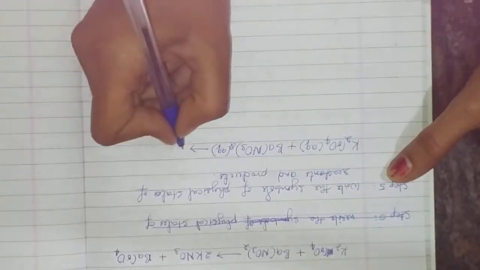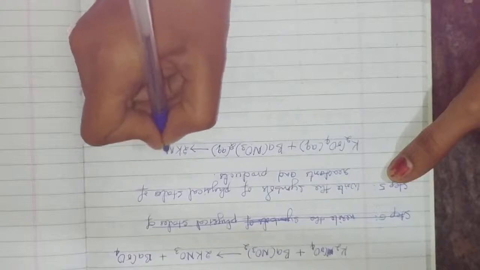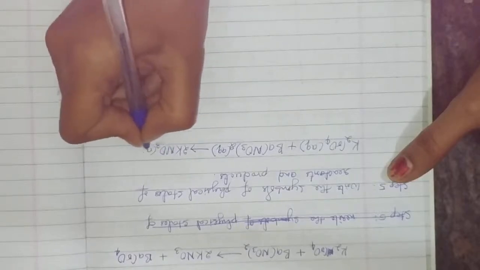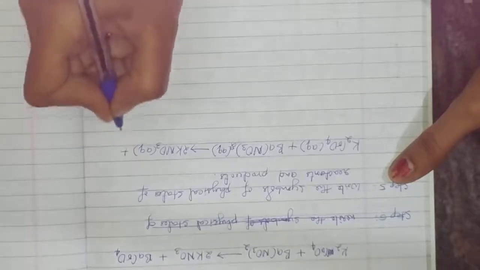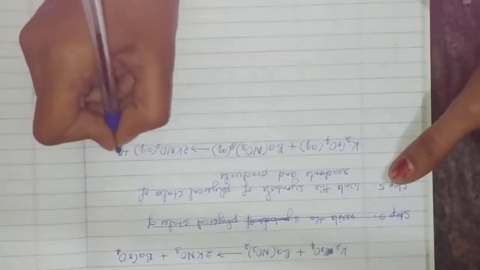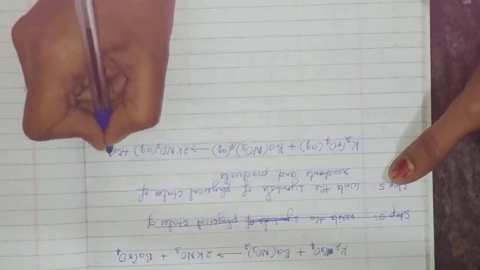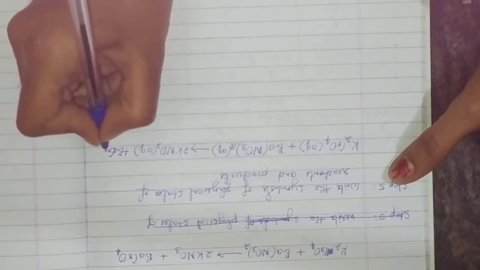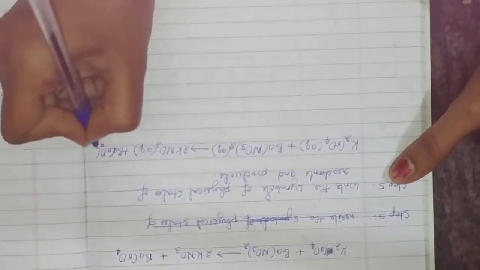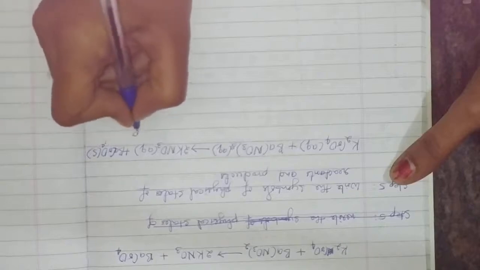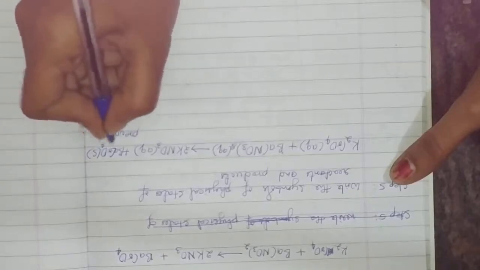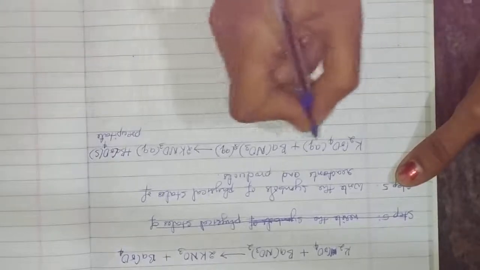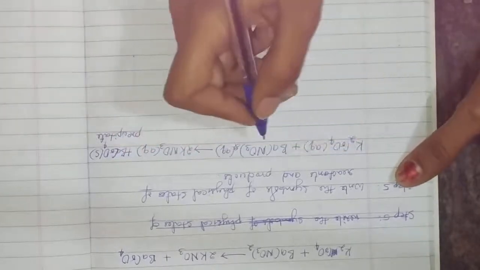They give potassium nitrate solution, it is aqueous, plus barium chromate. It is solid, it is a precipitate. So it is in solid state. This is the balanced chemical equation.